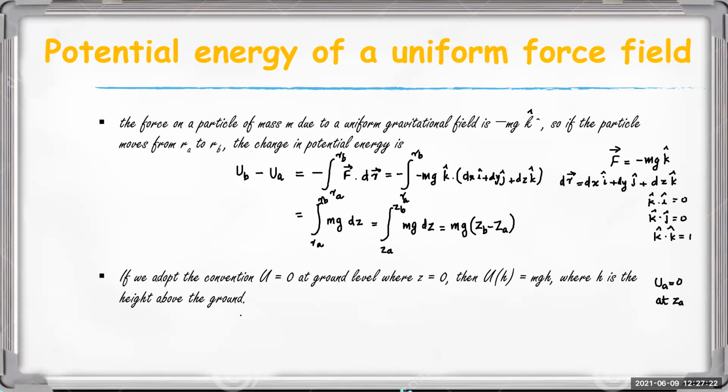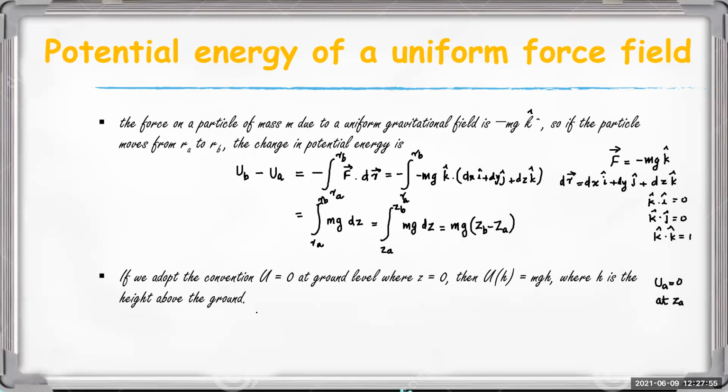Then we can write U of h is equal to mgh, because it becomes mg into zb, and that point must be the height. Then U of h is equal to mgh, where h is the height above the ground.